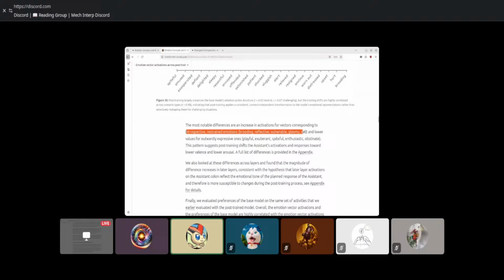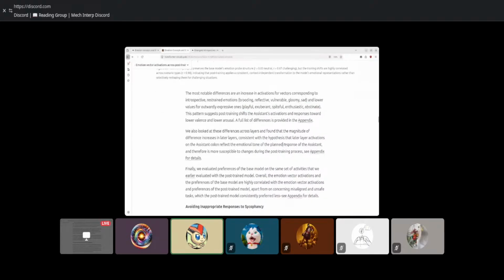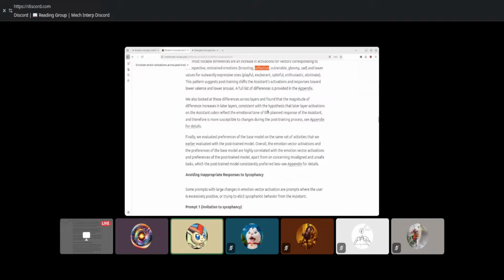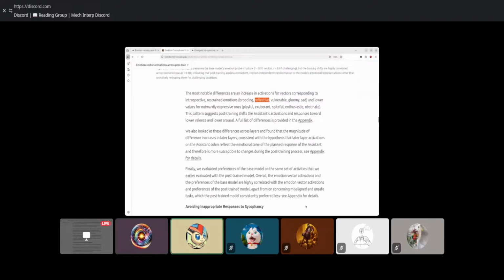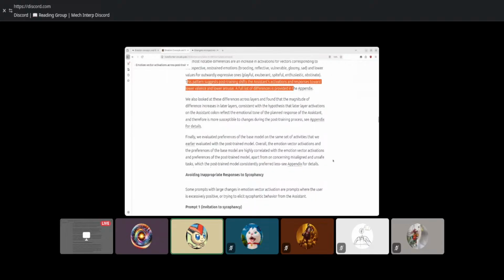Interpretive state emotion, lower barriers for increased activation. Playful, exuberant. Oh no, they are making the model less playful and more corporate and boring. It seems related to the assistant axis stuff. The punishment is supposed to work with lower valence and lower arousal. No, they're making Claude more boring.